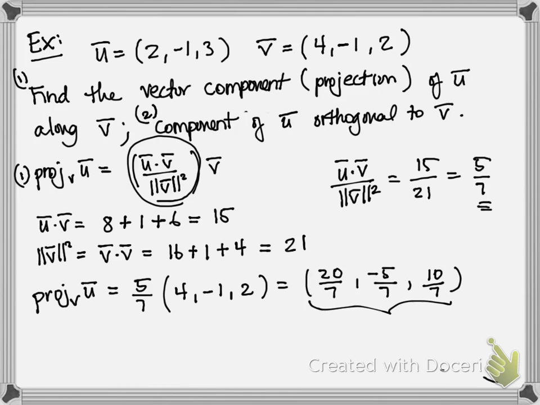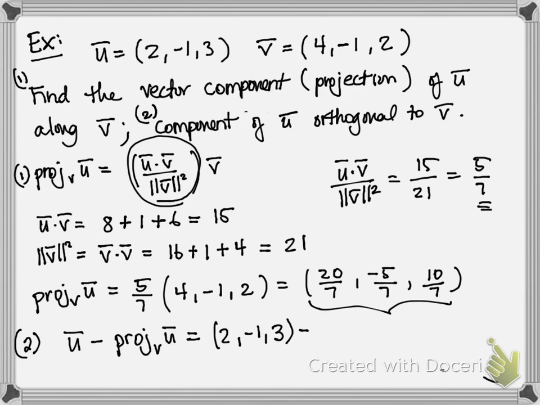So now for the part of U that's running perpendicular or orthogonal to V. So we just need to do U minus the vector projection running along V. Okay. So basically, it's just 2, -1, 3, minus the vector we just found.